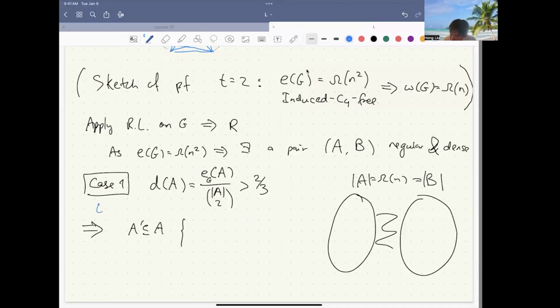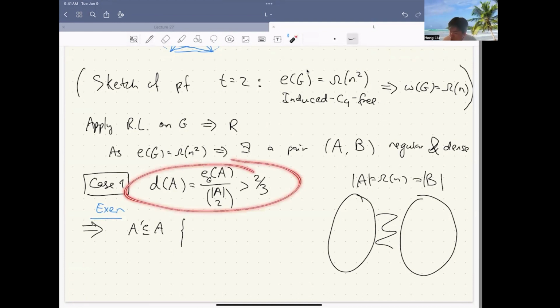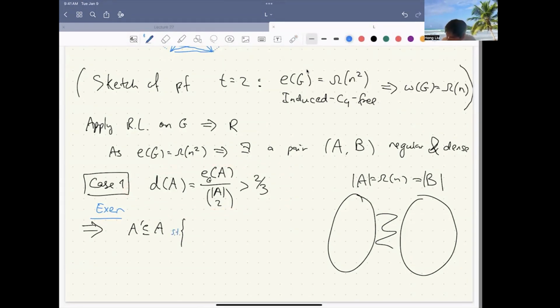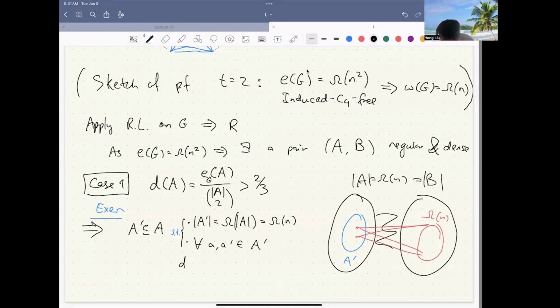I'll leave it as an exercise to show that, given this hypothesis, you can find A prime in A such that A prime is of size linear in A, but since A is linear in n, A prime is also linear in n, and for every pair of vertices in A prime, their common neighborhood is linear. They have a linear number of common neighbors in B.